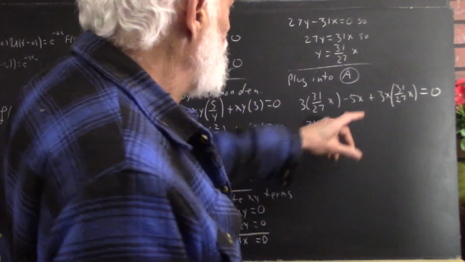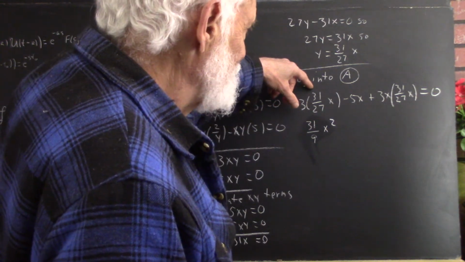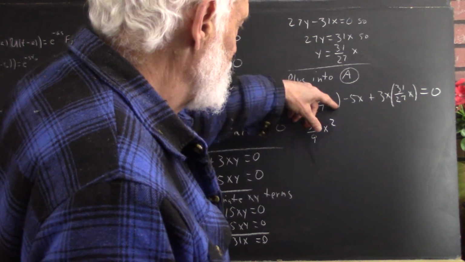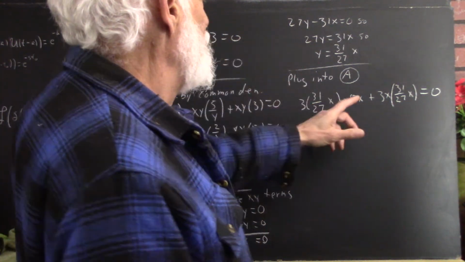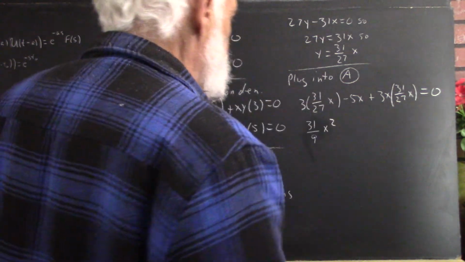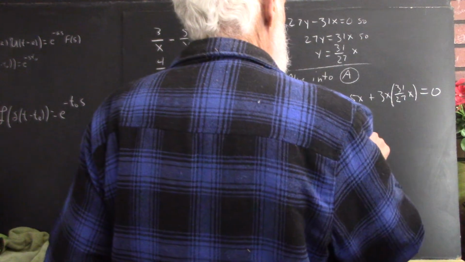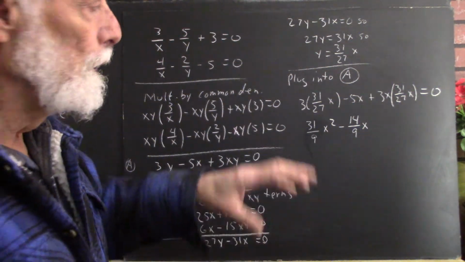And then we have a minus 5x, and we have, again, 31 over 9, x. So that's 31 over 9 minus 45 over 9. And these equations usually won't get quite this messy.